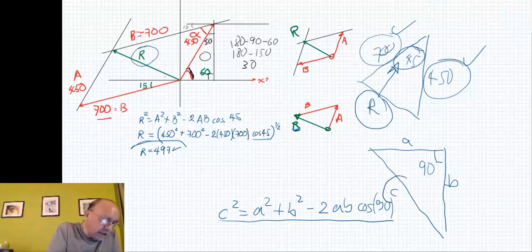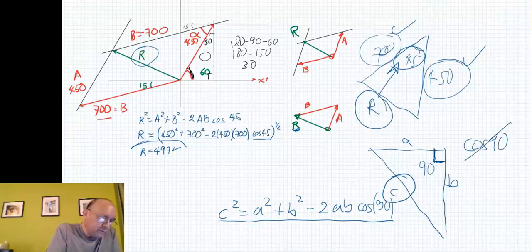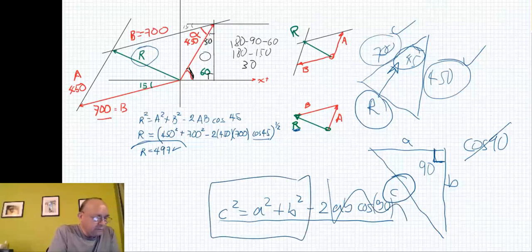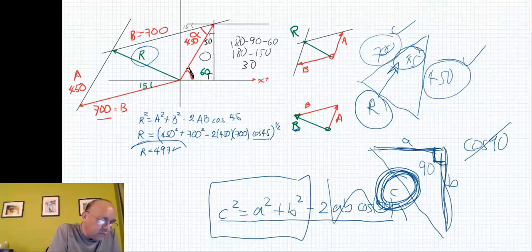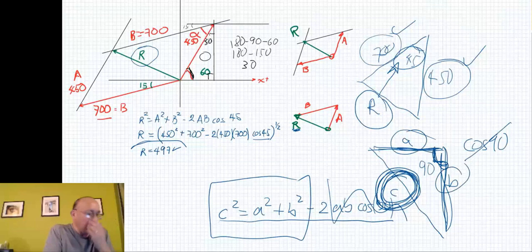You are trying to get C, which is in front of the 90-degree angle. Cosine of 90 is 0, right? So that's why this term disappears and you end up with this. So basically you are trying to get a side of the triangle based on the other two sides and the angle between those two sides that you know. So here the angle is 45 degrees.